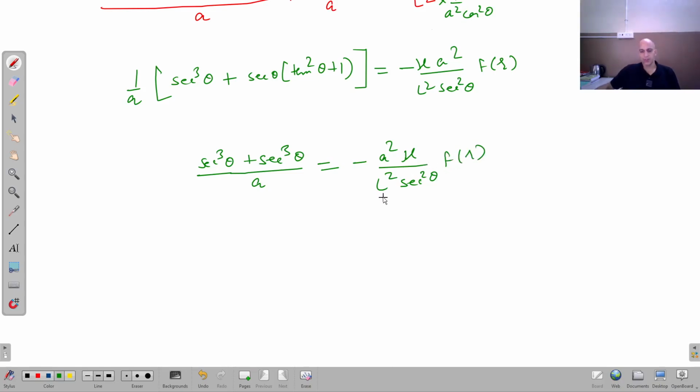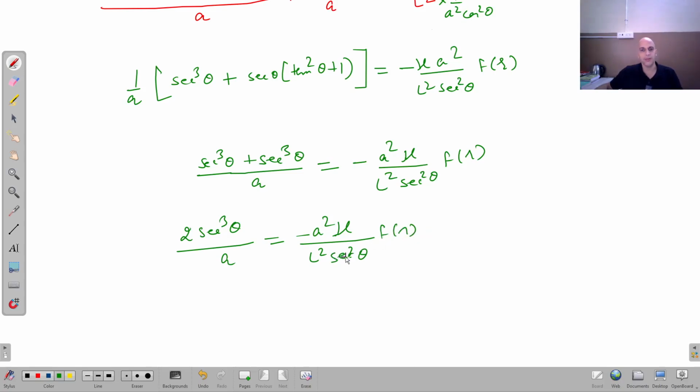So when you simplify it, it becomes 2 secant cube theta divided by a is equal to minus a square mu upon L square secant square theta into f of r.